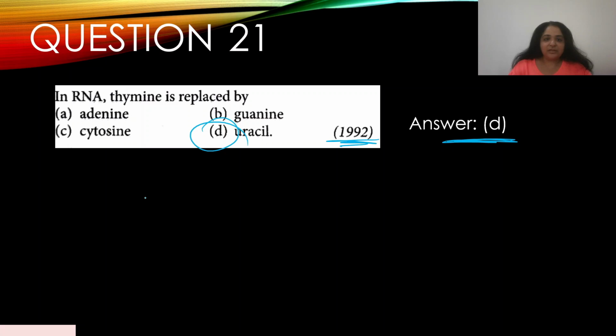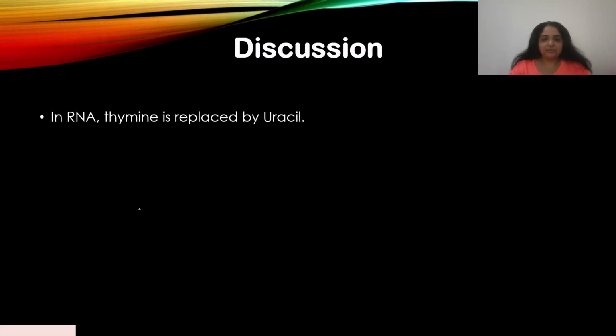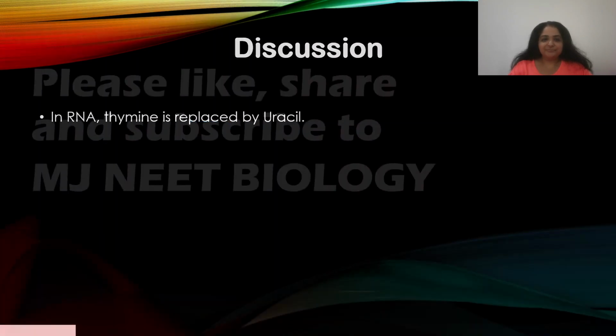So in RNA, the bases are A, U, G, C. In DNA there will be T. In RNA it will be uracil. So in RNA, thymine is replaced by uracil. Alright, this was pretty direct.